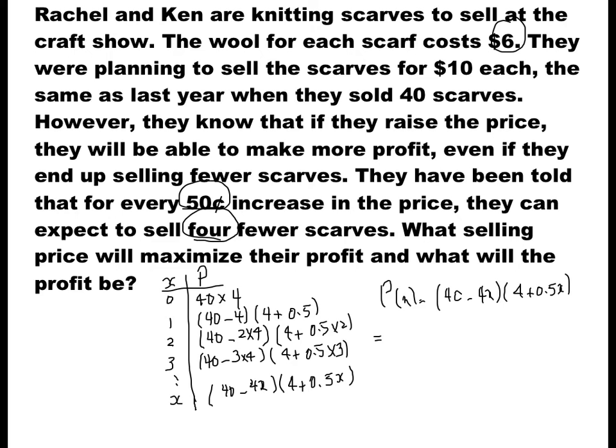Now if we expand these binomials, 40 times 4 is 160, 40 times 0.5 is 20, so plus 20x, minus 4x times 4 is minus 16x, minus 4x times 0.5 is minus 2x squared.